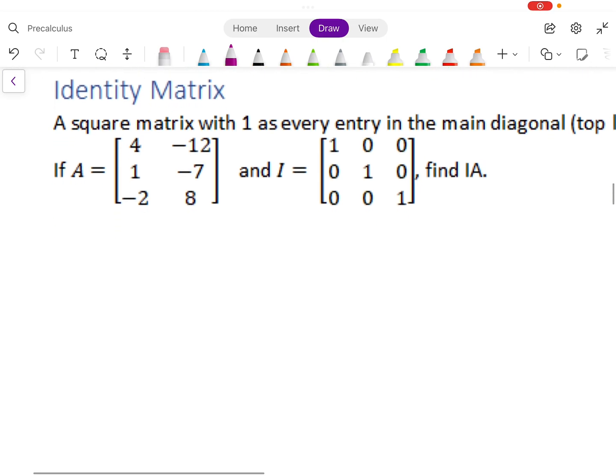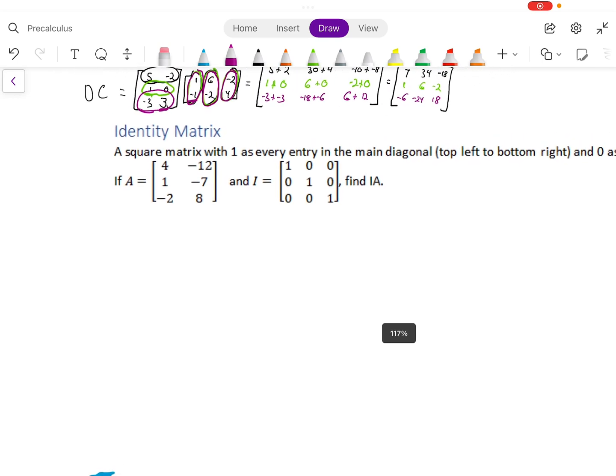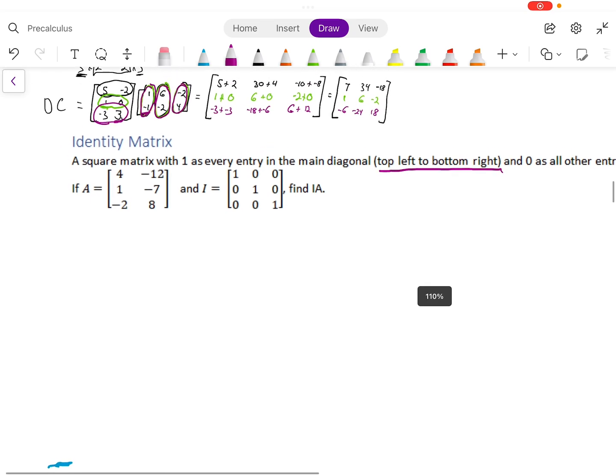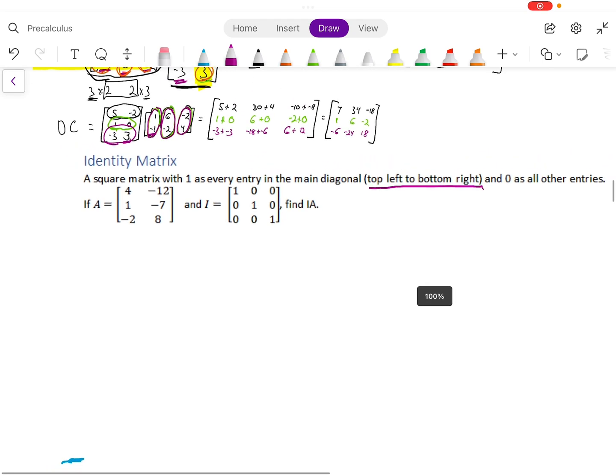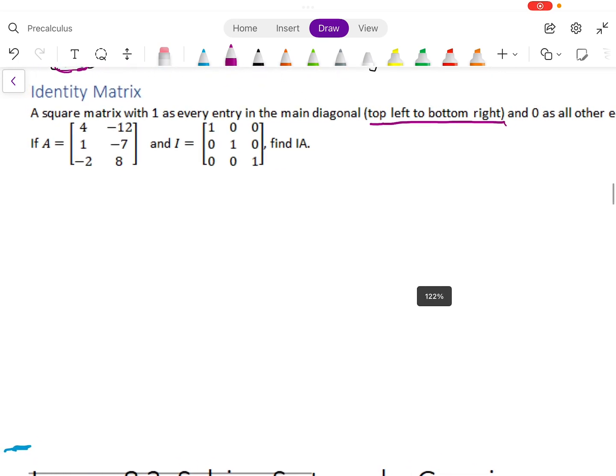All right, identity matrix. The identity matrix is a square matrix with 1 as every entry in the main diagonal. That means top left to bottom right, and 0 in all other entries. All right, so let's see what this has to do with anything.